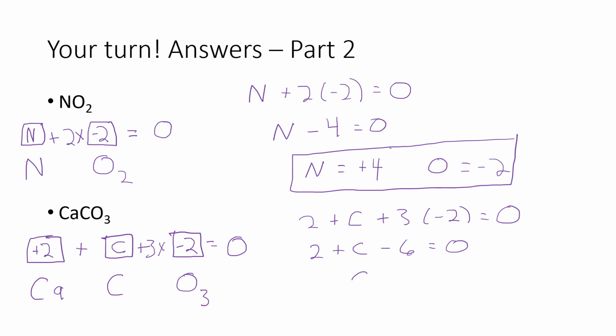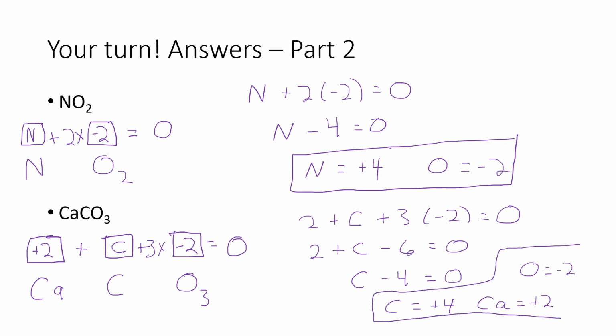Combining the 2 and the negative 6, we get C minus 4 is equal to 0, and then adding 4 to both sides tells us that carbon is equal to plus 4. We found by rule that calcium was plus 2, and oxygen by rule was a minus 2. And notice that carbon in this one ended up being plus 4, which was very different from the negative 4 that it had in the compound methane.